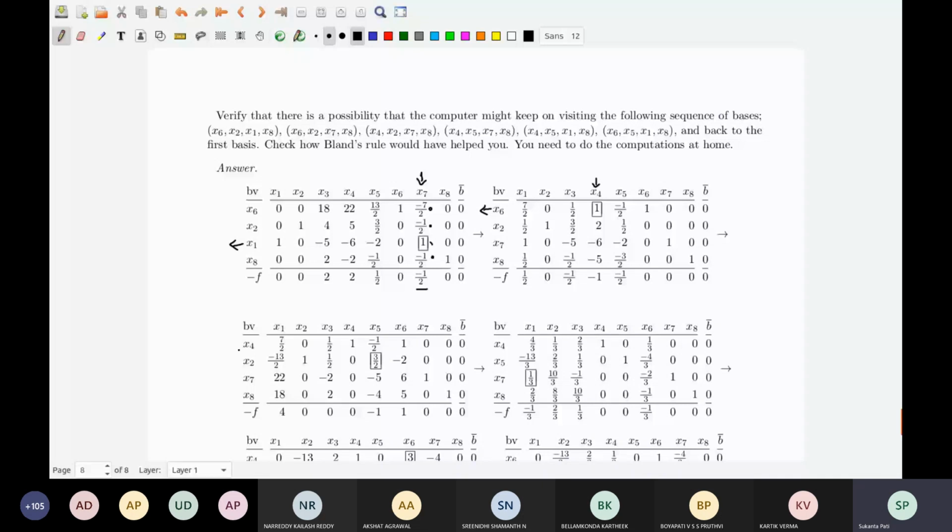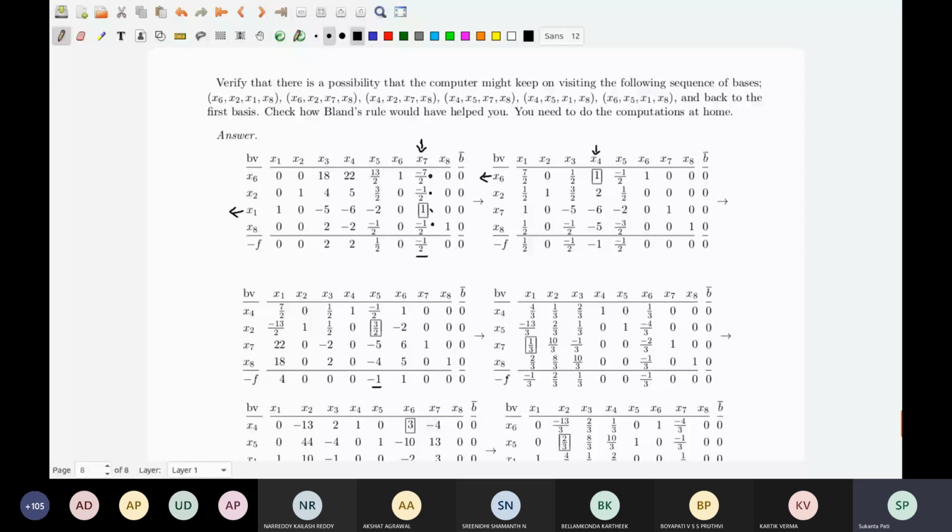From there I have only one choice, because there is only one negative entry, and in that column there is only one positive entry. So x2 will go out and x5 will come in. In the next one, I have two choices, x1 and x6. I have taken x1.